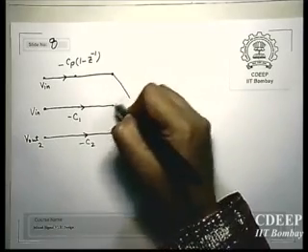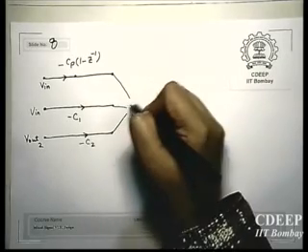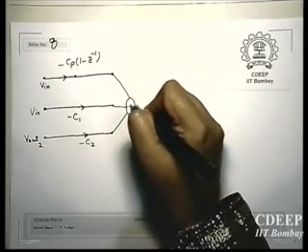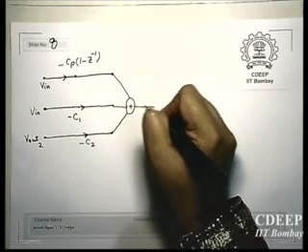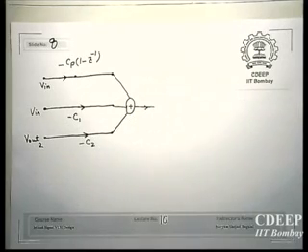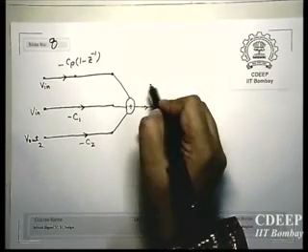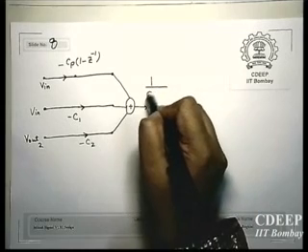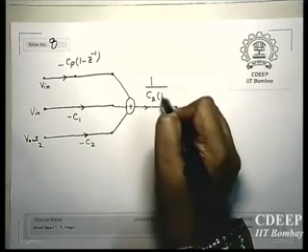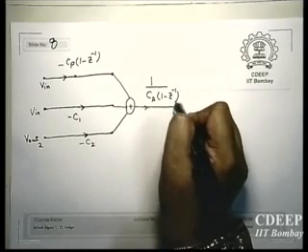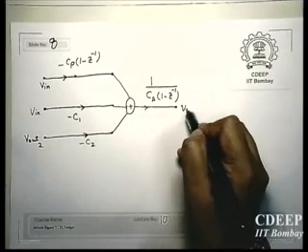These three will be added and given to the integrator, which is 1 upon CA into 1 minus Z inverse. Now this will be V out 1.